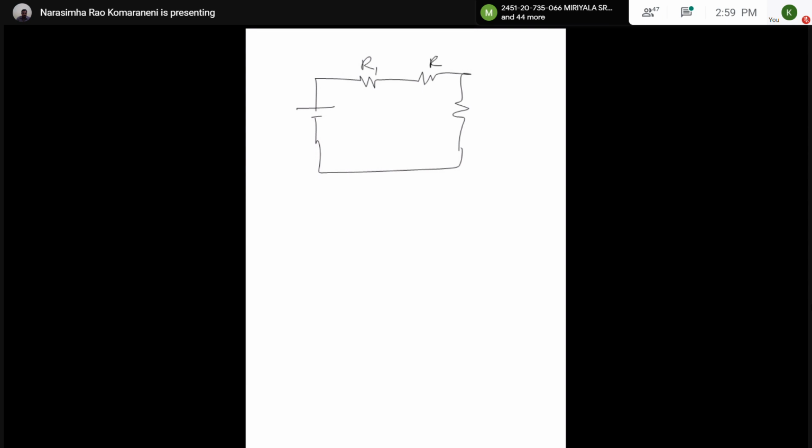R1, R2, R3. This is 5 volts. This is 2 amperes, 2 ohms, 3 ohms. This is 5 ohms. Okay.